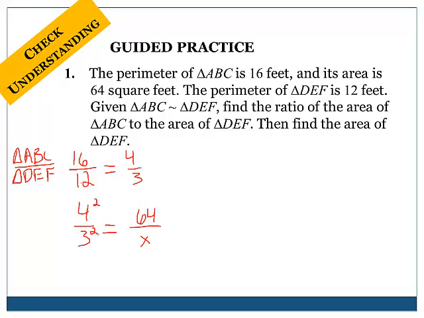So we should have 4 squared over 3 squared is equal to 64 over X. And if we cross multiply here, we should get 16X is equal to 576. Divide by 16 on both sides, and we will get X is equal to 36.